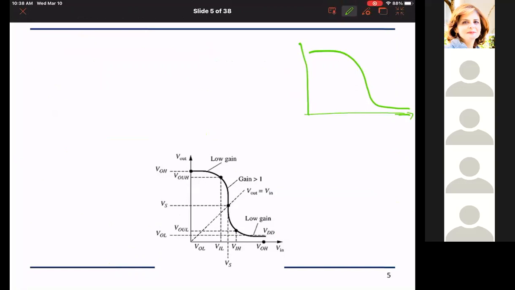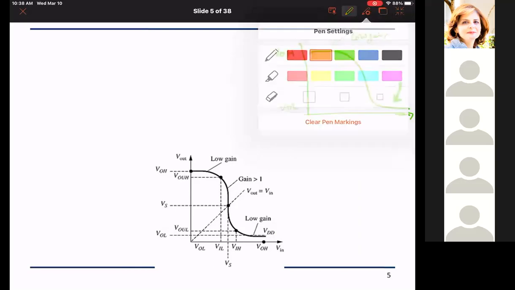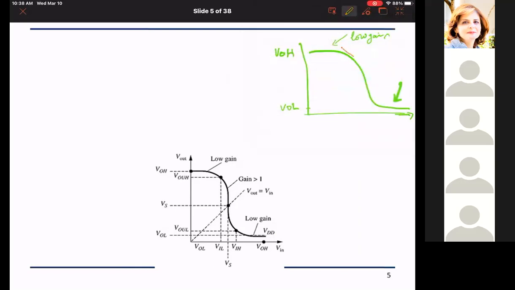I will have some value for VOH, not necessarily VDD, and some value for VOL, not necessarily zero. I will have a high gain region and a low gain region, and here I have low gain at those 2 points. And I will also define in those 2 low gain regions 2 points where the gain is 1.